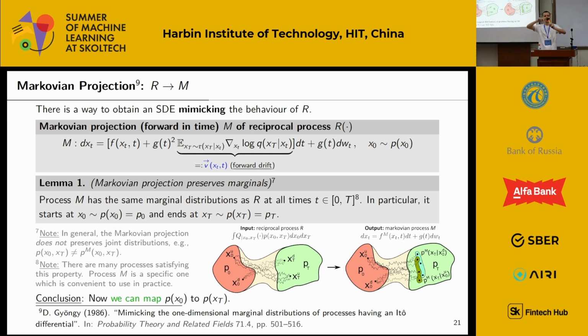We first had to sample endpoints and then sample the intermediate point given the endpoints. So here the story is the same. We cannot directly use this stochastic process, this Markovian projection, for data transfer because it is unavailable, it is intractable.